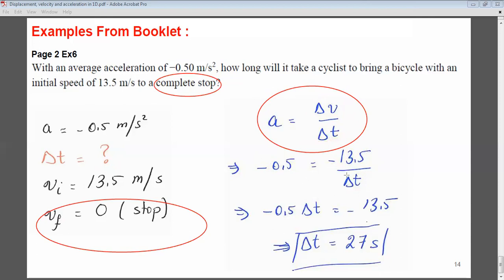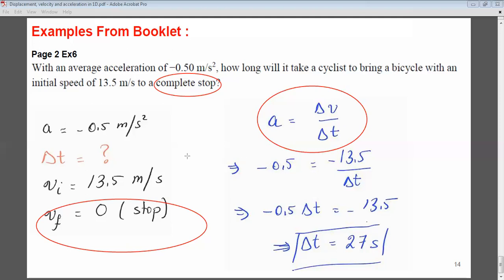I do cross multiplication again, minus 0.5 delta T equal minus 13.5, delta T equal 27 seconds. Why is it seconds, not minutes or hours? Because it is seconds everywhere, okay? So it is seconds.